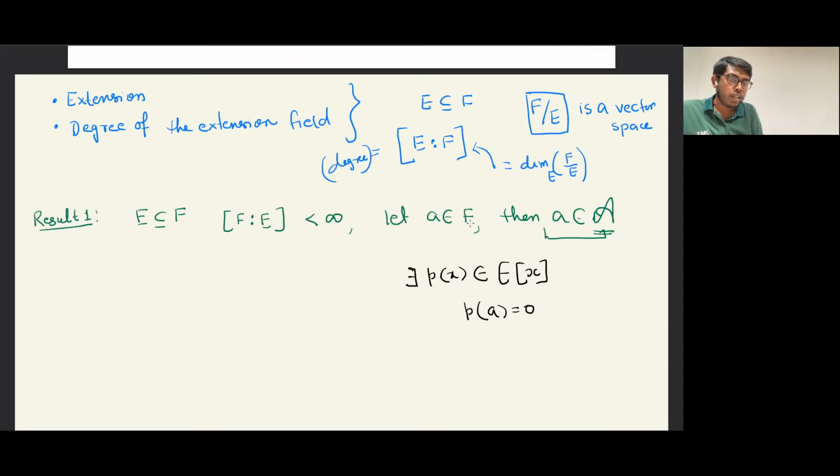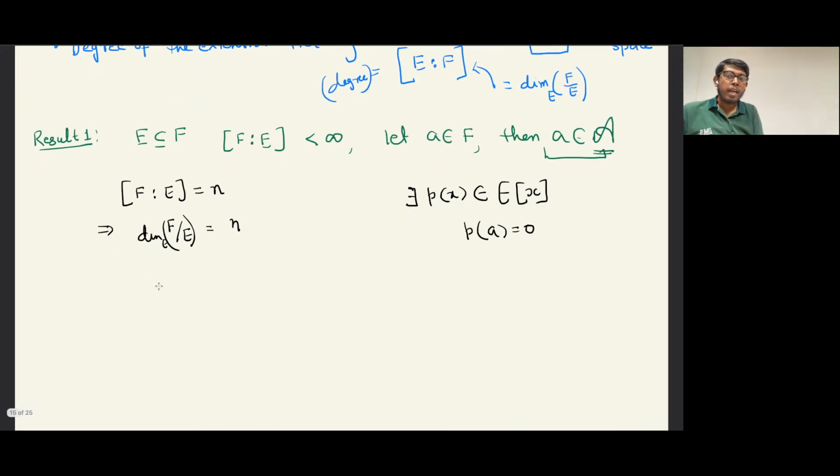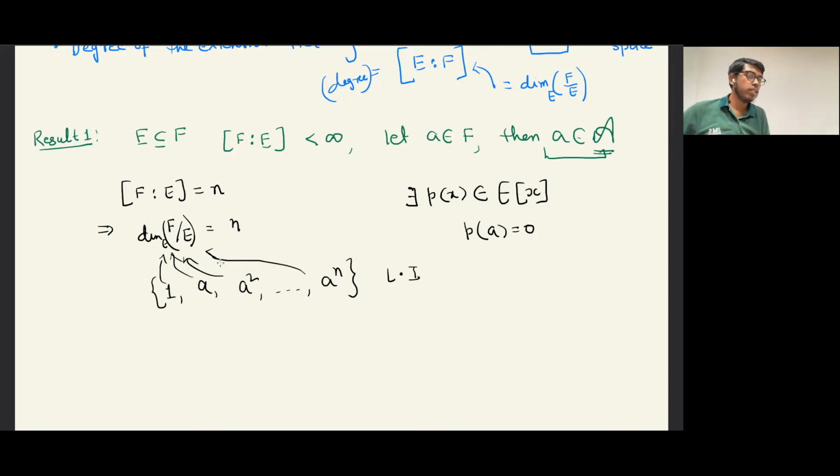So let's say the degree is finite. Let's say this is n. It means that this field has dimension n. Therefore 1, a, a squared, up to a to the n are n plus 1 elements, and when I write 1, I mean 1 in this field. So these are linearly dependent, because these are n plus 1 elements.